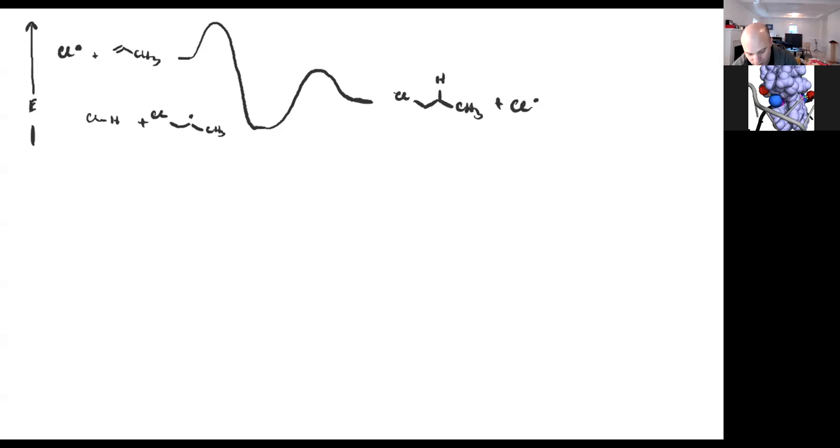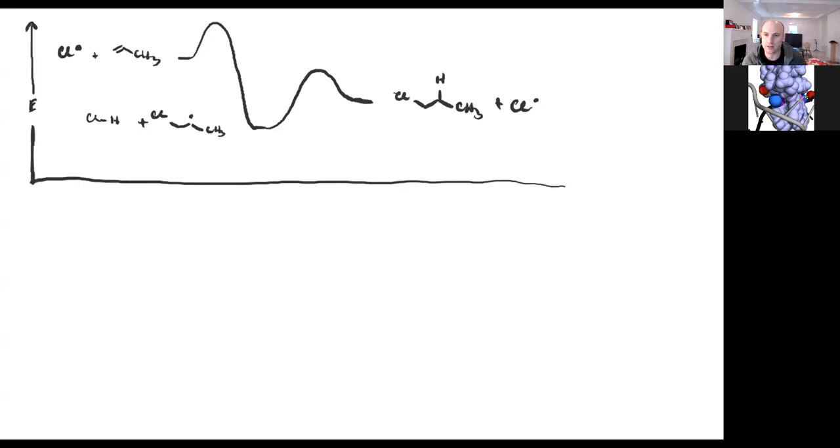We did an analysis of this reaction, and I'd refer you back to the BDEs that we discussed in the last lecture. We said this first step is downhill by about 27 kcal per mole, and the second step is uphill by about 7 kcal per mole.